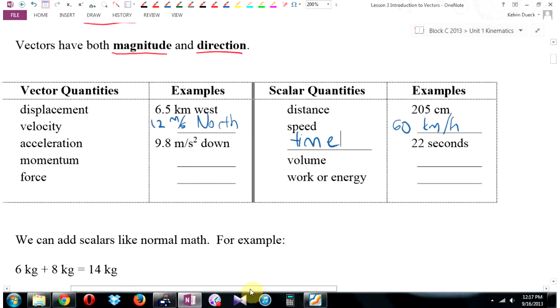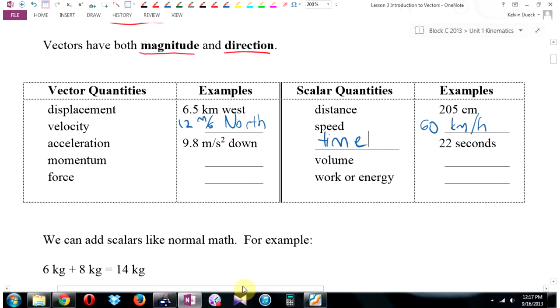Momentum is a vector, 8.0 kilogram meters per second south. Volume is a scalar, 3.2 liters.